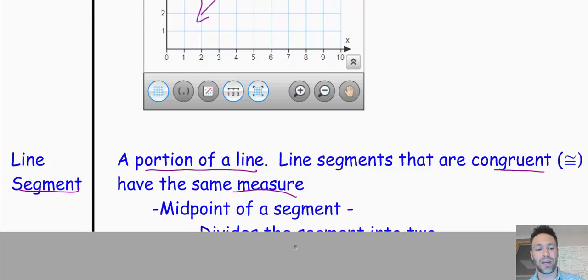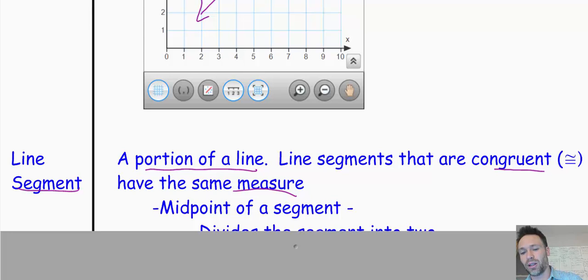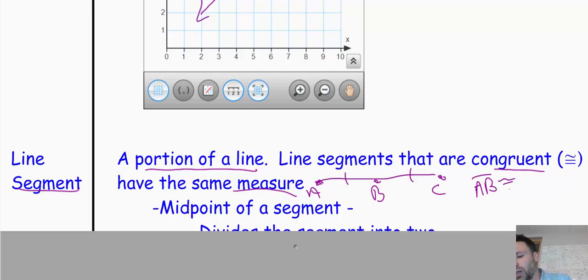So an example of that, well, I have a line with those 3 points on it, A, B, and C. And if those 2 things are congruent to each other, the way I mark segments congruent is with those dashes through them. So now I can say that AB is congruent to BC. That's how I would label that.